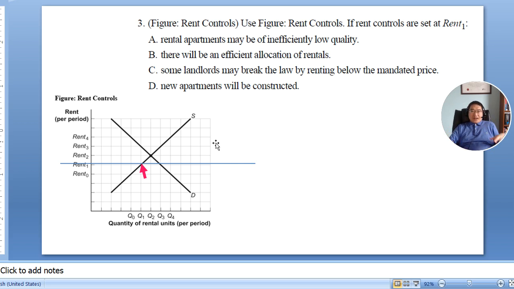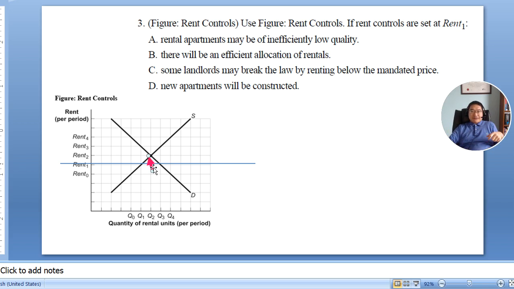So, if they can have a higher price, they are willing to supply a higher quantity, because then that can cover their cost. These are mutually beneficial transactions. Nobody is forcing anybody to do anything, right?